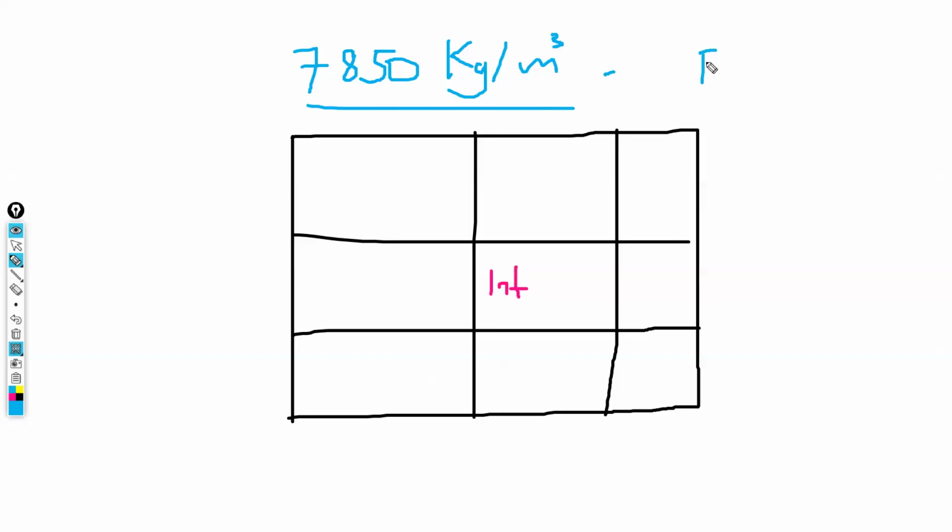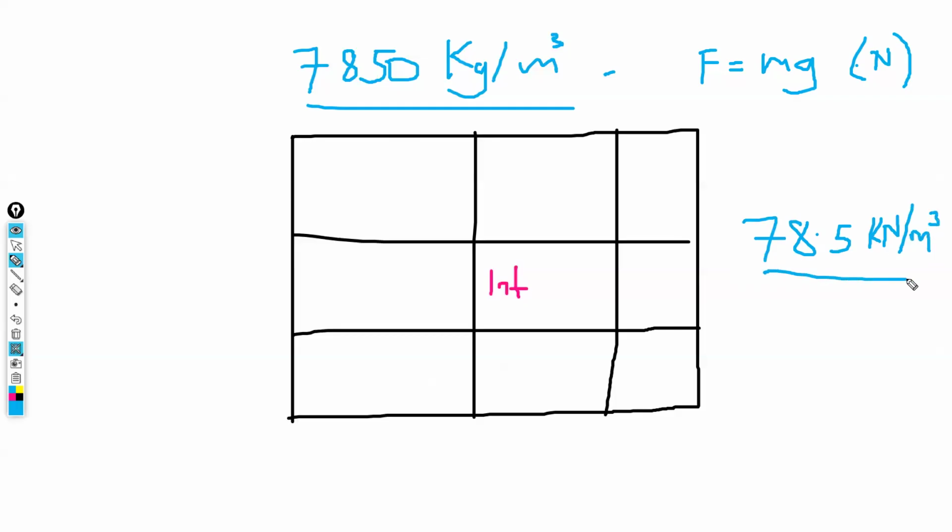This is multiplied by 9.81. You get it in Newton. You convert from Newton into kilonewton, divided by 1,000. So basically, it will be around 78.5 kilonewton per cubic meter. So that's the density of steel.